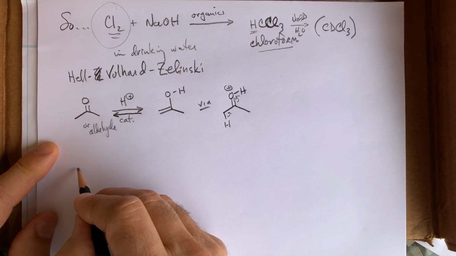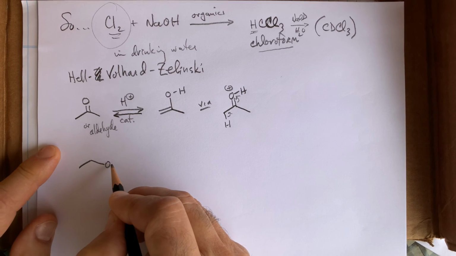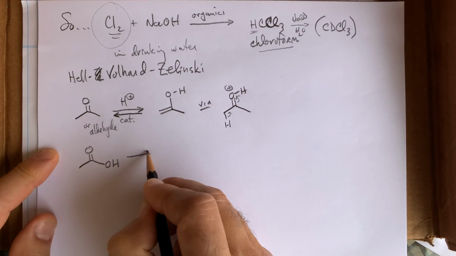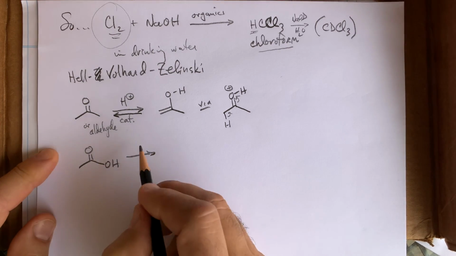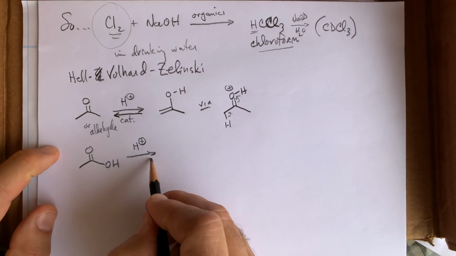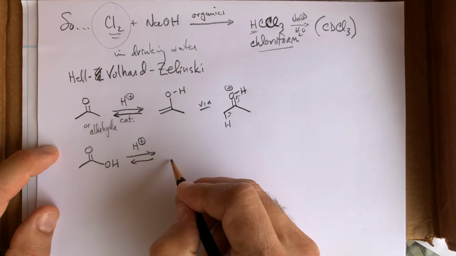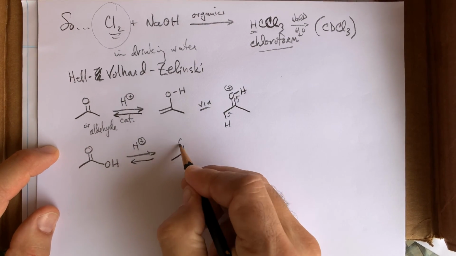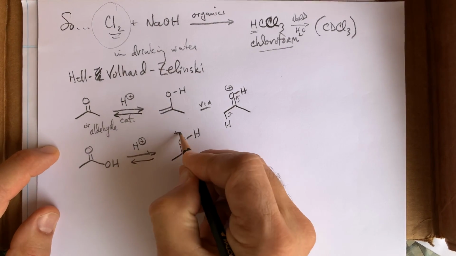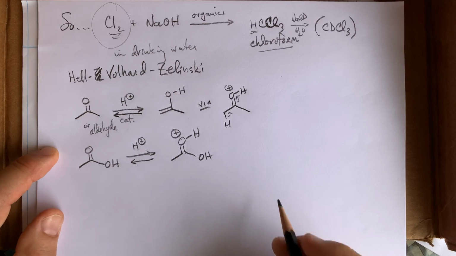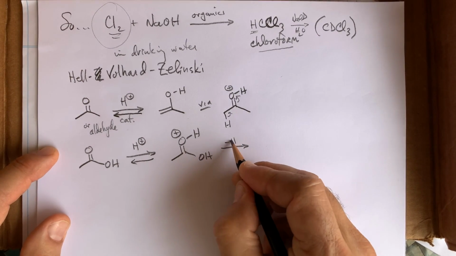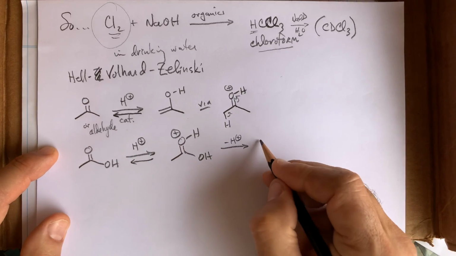Well, if you take an ester or an acid, and so you could imagine this could be self-promoted, one could imagine you protonate the carbonyl and lose the proton, a different proton.